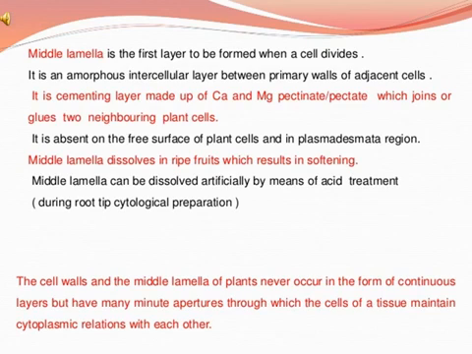It is absent on the free surface of plant cells and in the plasmodesmata region. The middle lamella dissolves in ripe fruits, which results in softening. The middle lamella can be dissolved artificially by means of acid treatment.